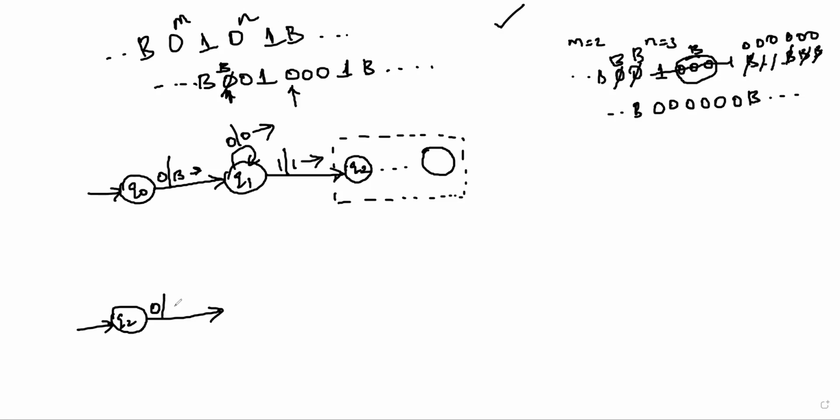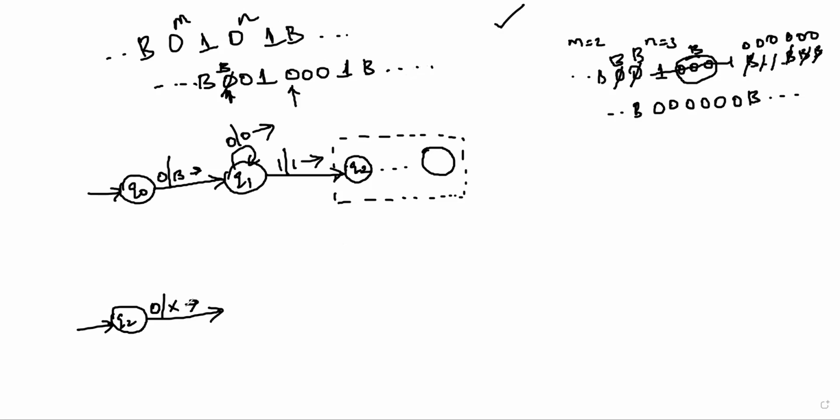Change that 0 to x and just move to right. Why? Because once I recognize this symbol, I'm going to copy it in this place. For the next symbol I recognize, for my reference I'm changing this 0 to x, and I will copy this 0 to here. Like that, when all 3 zeros are changed to x, it means all 3 zeros are copied into the blank position.